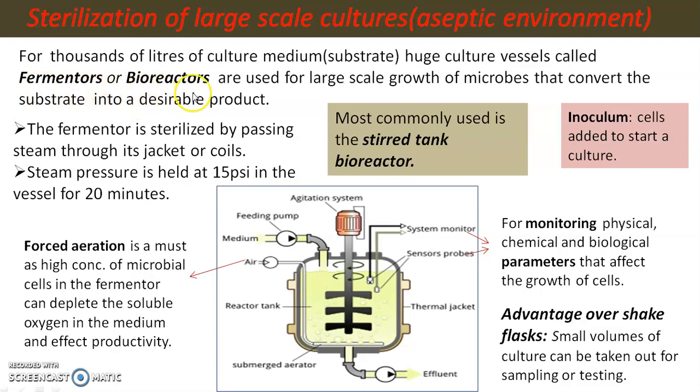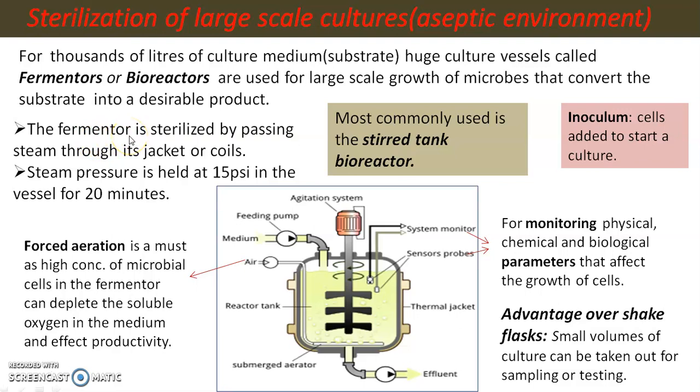You need huge vessels for such high liters of culture medium. So you cannot do such thousands of liters in flasks. So you need devices called fermenters or bioreactors for large scale growth of microbes, and these microbes will convert the substrate into your desirable product. The substrate may be a low value substrate, but the product they give you is of a very high value.